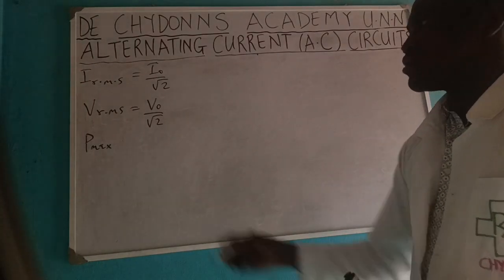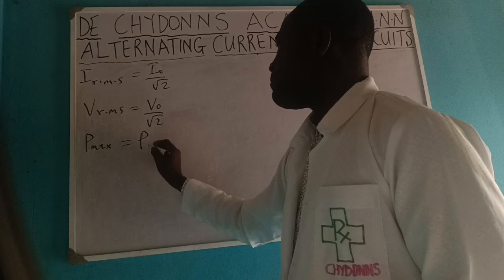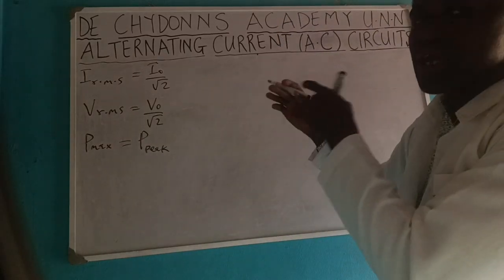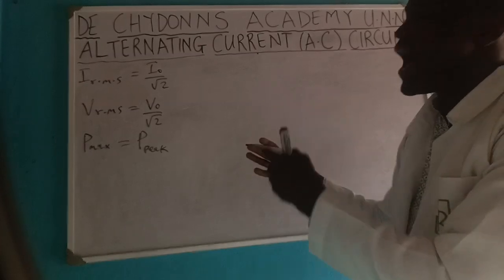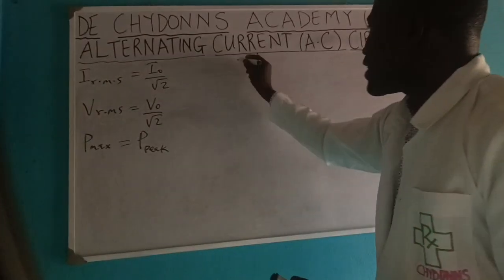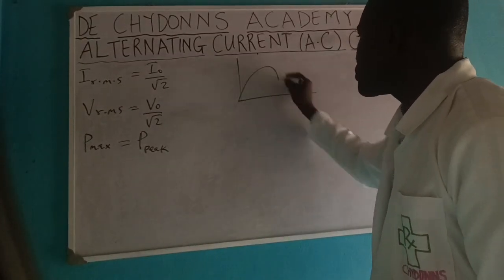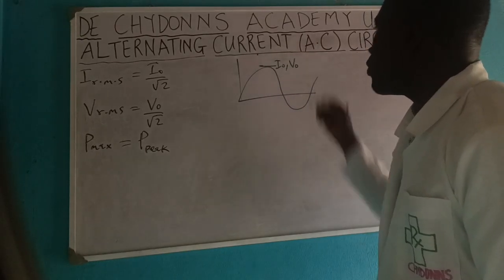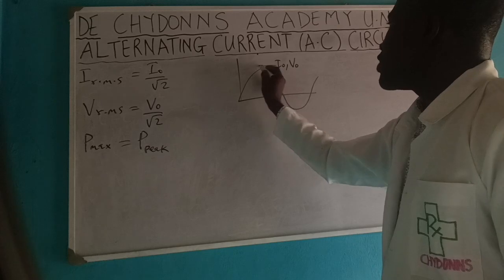P maximum can be called peak power. So at that point we have the peak, then we have the power. At this point we have I0 and V0.